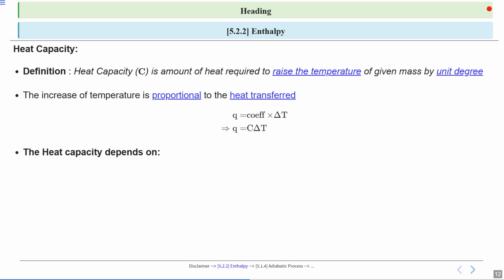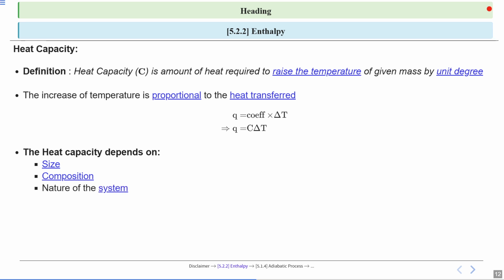Now, this C that you have seen right here, we already know what it is. It is your heat capacity. This heat capacity depends on various things. First is your size. The greater the size, the greater the amount of heat you will need to supply to the given substance. Second is composition. It depends upon the composition of the matter whose temperature you are trying to raise.